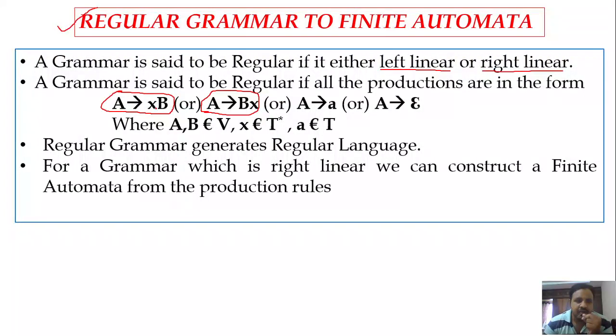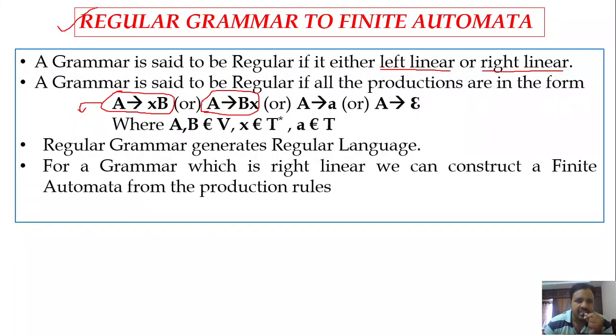A denotes xB, small x means it is a terminal followed by a capital B. So here if you consider this production, A denotes small xB, in this, A is a variable, small x is a terminal and capital B is a variable, right? So if the production is written in this form, then it is called right linear production.